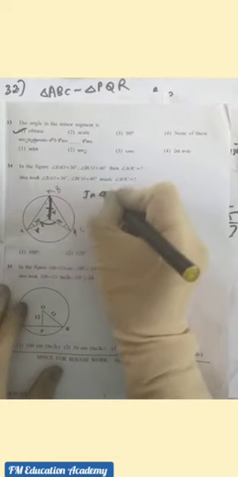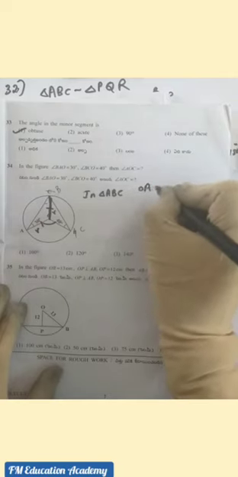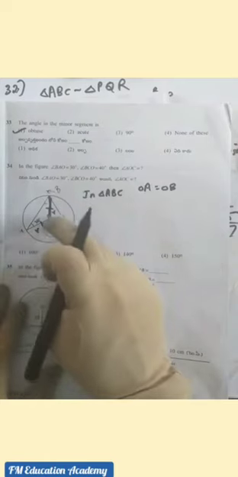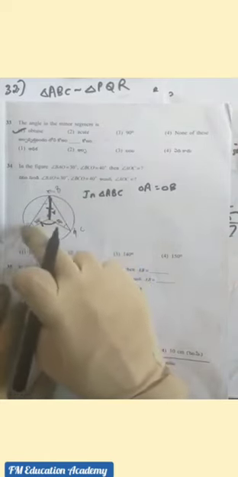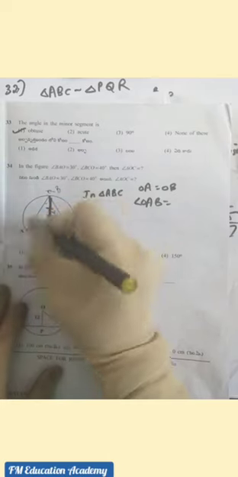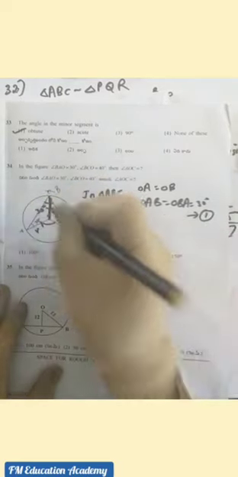So in triangle ABC, as OA is equal to OB, we can say angles are also equal. Why? Because if opposite sides are equal, it is an isosceles triangle. In an isosceles triangle, angles are also equal. So angle OAB will be equal to angle OBA, equal to 30 degree. Let this be equation 1. So we got this angle is 30 degree.